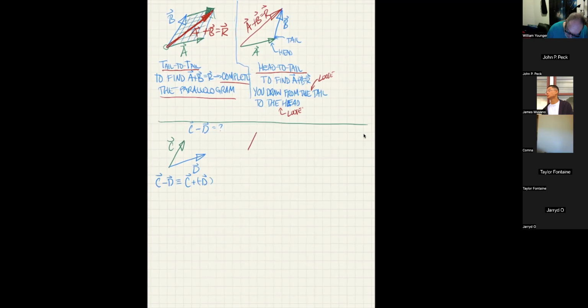If this is vector A, let's call this vector X, okay? Then vector 2X is literally the same vector, but twice as long. So I'll go from here to here.